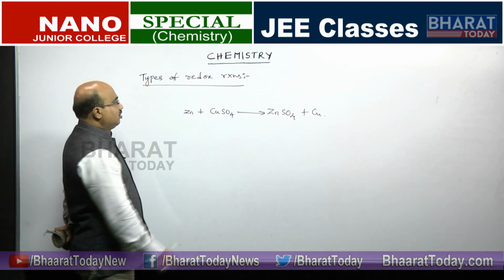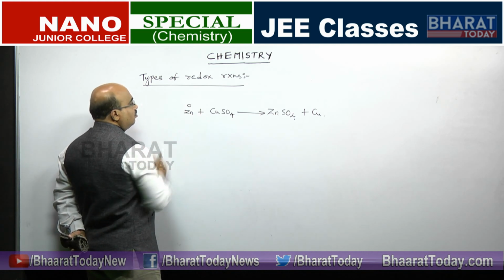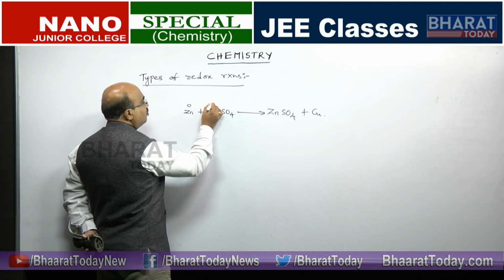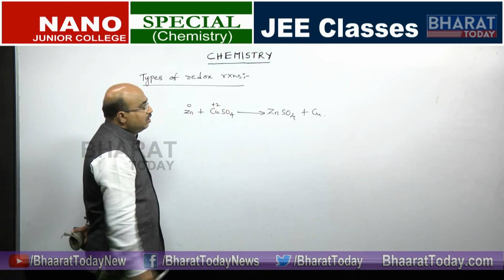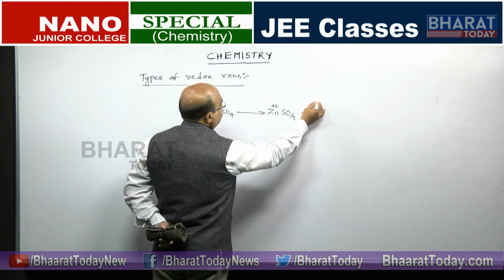If you see the reactants, the zinc oxidation state here is 0, the copper oxidation state here is +2, and on the product side the zinc oxidation state is +2 and the copper oxidation state is 0.